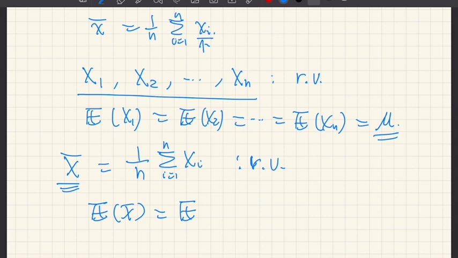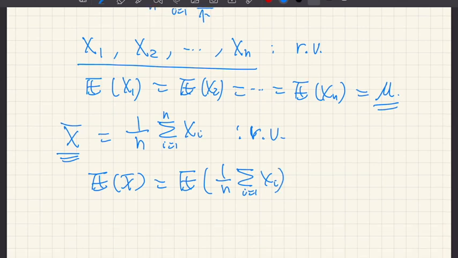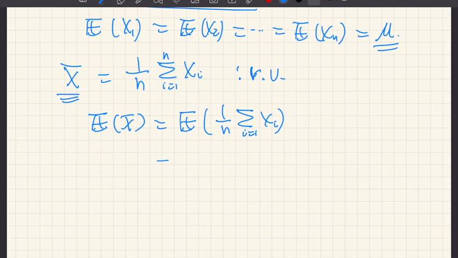And since the definition is this, and the operation of expectation value is linear, we can just expand this summation. The expectation of a summation is the sum of expectations.